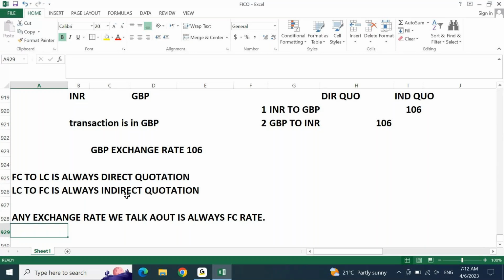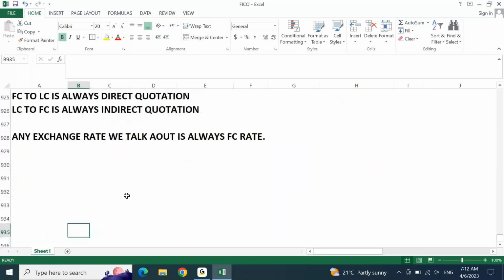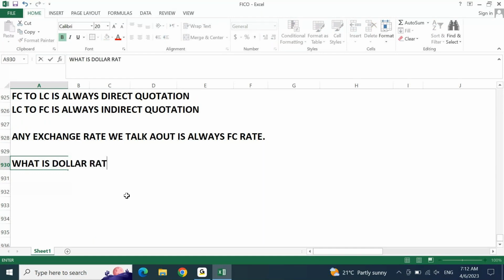Now, to put this again one more time, look at only these three statements. If you ask anybody what today's dollar rate is, normally they will tell you 78, not 0.234.